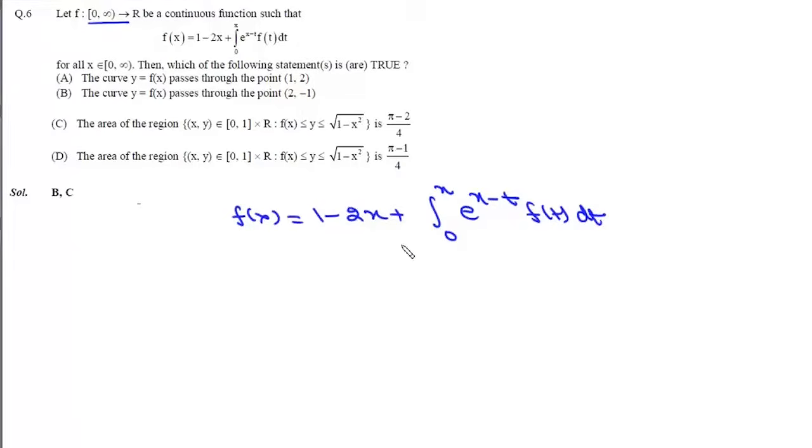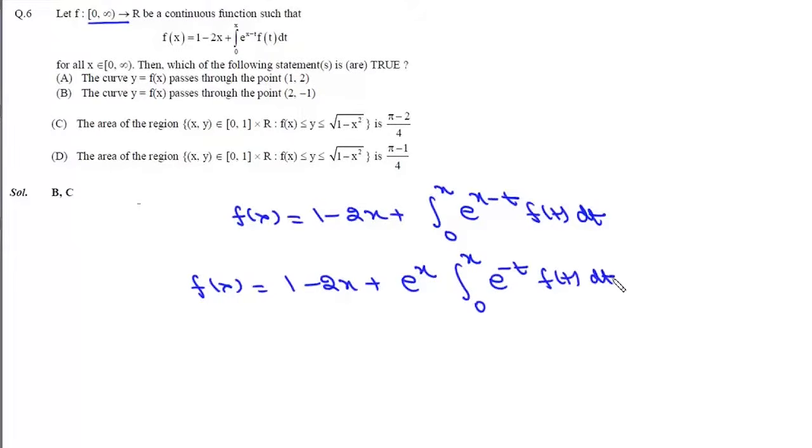Now what we'll do is, we write this function f(x) as 1 minus 2x plus, now we'll take e to the power x out since it is an integral in t and not in x. So it will be e to the power x times the integral from 0 to x of e to the power minus t f(t) dt.